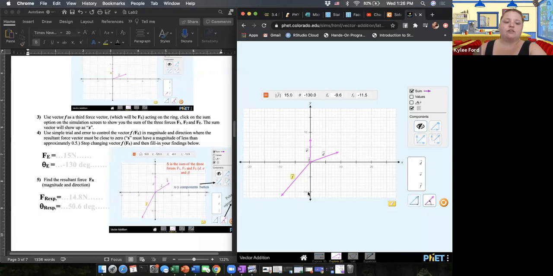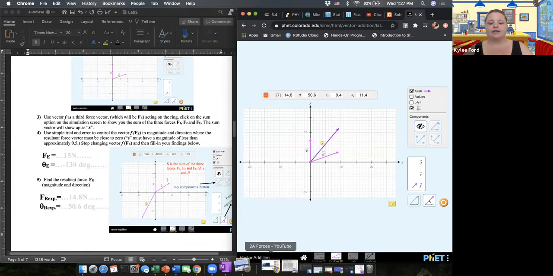Then my resultant, which these questions really should be switched, but I can take that away and write down my resultant vector, which is here. Remember, the resultant is the addition of the two other vectors. So I'll just write down my magnitude and direction. And then, like I was just talking about, you can compare what these two look like.